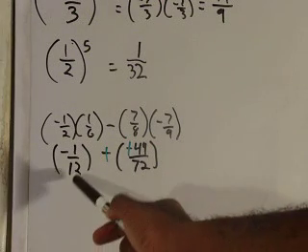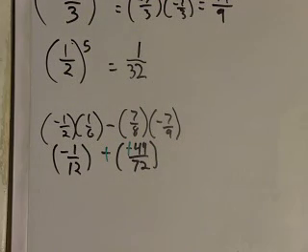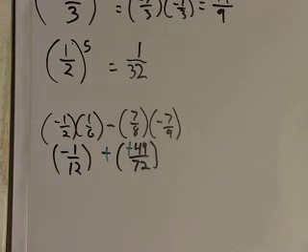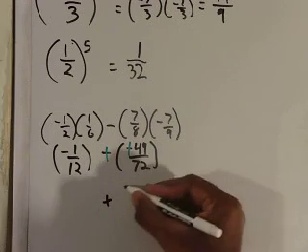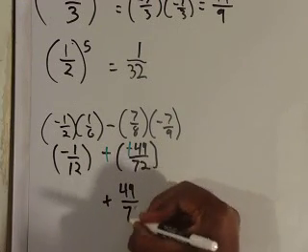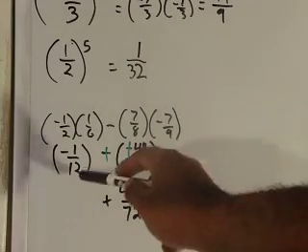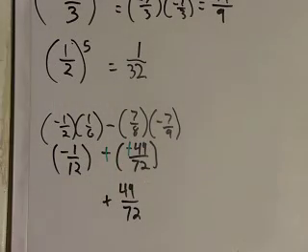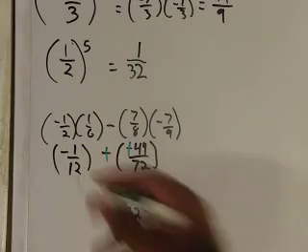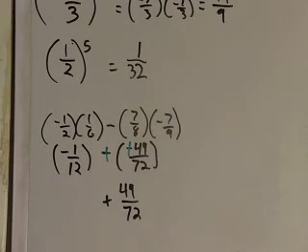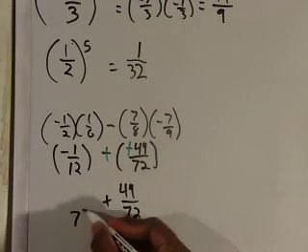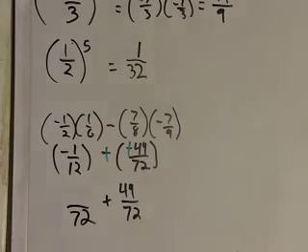So what is the common denominator between 12 and 72? Well, it's 72. So this already has the 72, so I'm just going to bring it down. 49 over 72. And this one needs to be changed to something with 72 in the bottom. So you just ask yourself, what times 12 gives you 72? And I believe the answer is 6, yes. So also multiply negative 1 times 6.